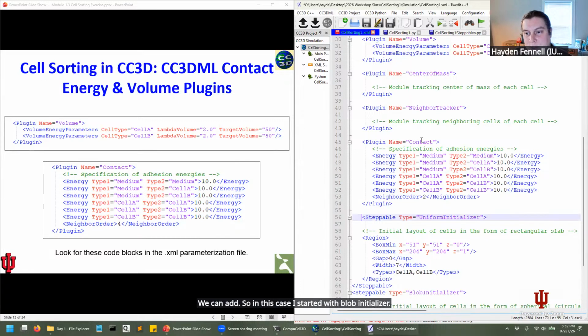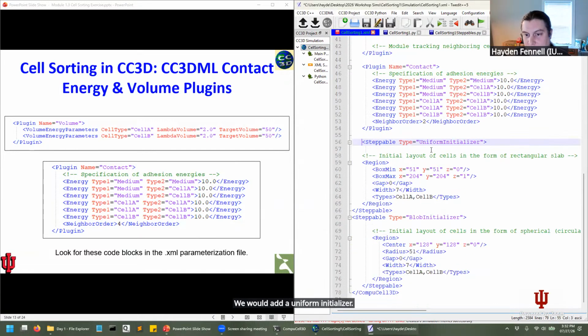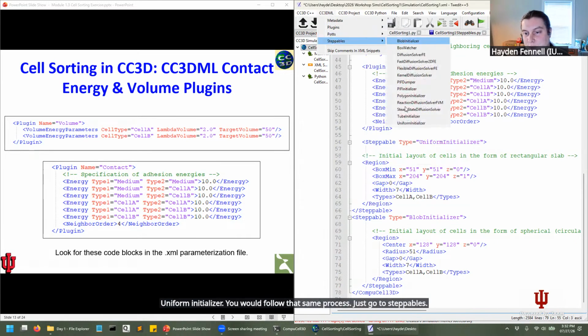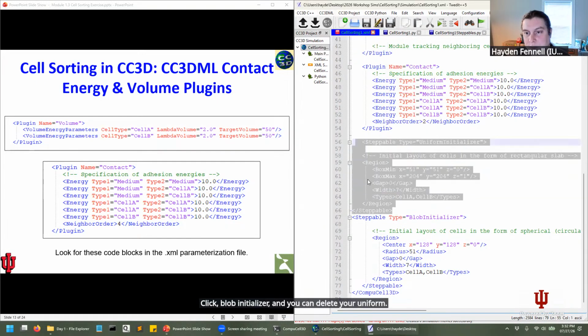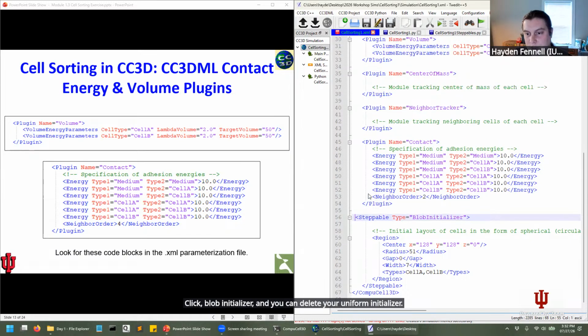We would add a uniform initializer if we wanted to make a rectangle instead. So if you accidentally picked uniform initializer, you would follow that same process. Just go to steppables, click Blob initializer, and you can delete your uniform initializer. And then you would have your Blob initializer here.